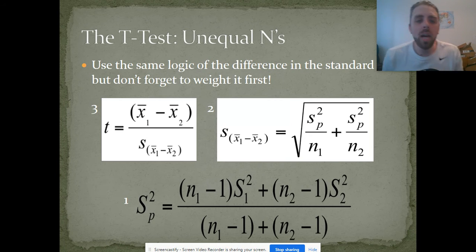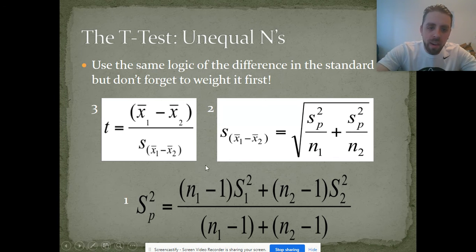So with unequal Ns, we use the same logic, except before we calculate the difference in the standard errors, we're going to have to weight it first. If we follow the flow chart here, we start with 1, go to 2, and then go to 3. The first step is to calculate S squared P, where we weight the estimate of the standard error, the pooled estimate.